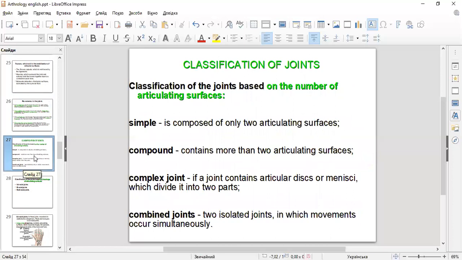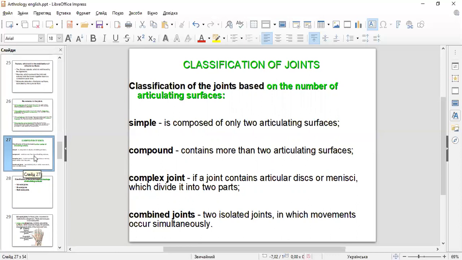Classification of joints. Classification of the joints based on the number of articulating surfaces. Simple is composed of only two articulating surfaces. Compound contains more than two articulating surfaces.